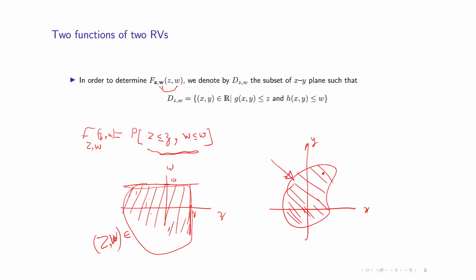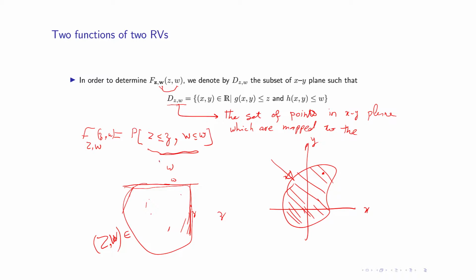This is why we define D_ZW, the set of points in the XY plane which are mapped to this shaded area, let's say this blue area.